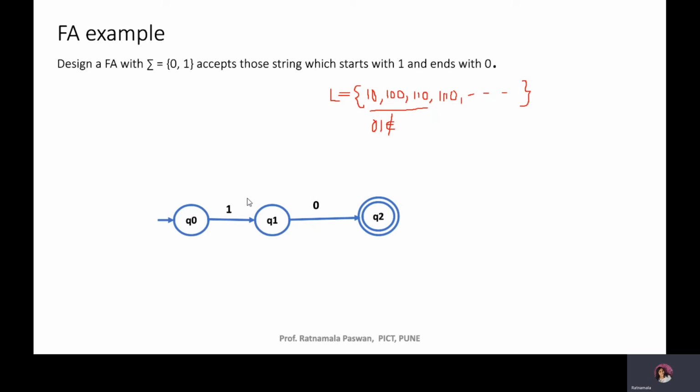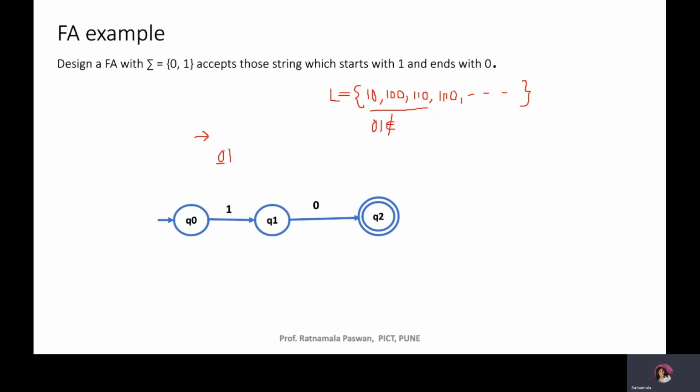But for example the given string is 01. Remember we have designed the finite automata to read the string from left to right. Here the first symbol is 0. As you can see, from the initial state Q0 there is no transition on 0.